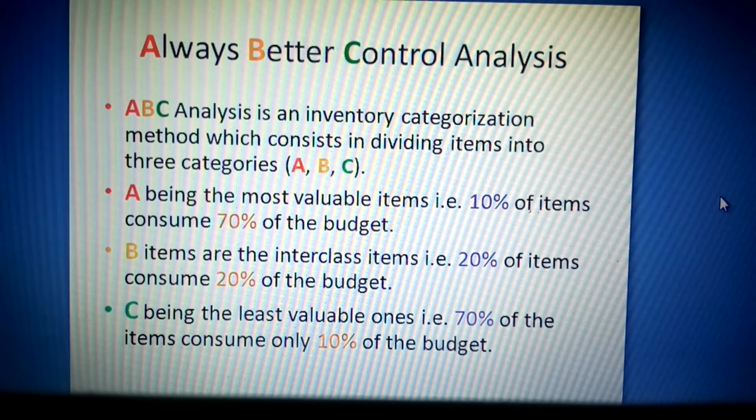C being the least valuable one, that is 70% of the items. Here you can see the number of items is increasing, and these items consume only 10% of the budget. Means the budget amount is 10%, but the number of items is 70% of the total items.